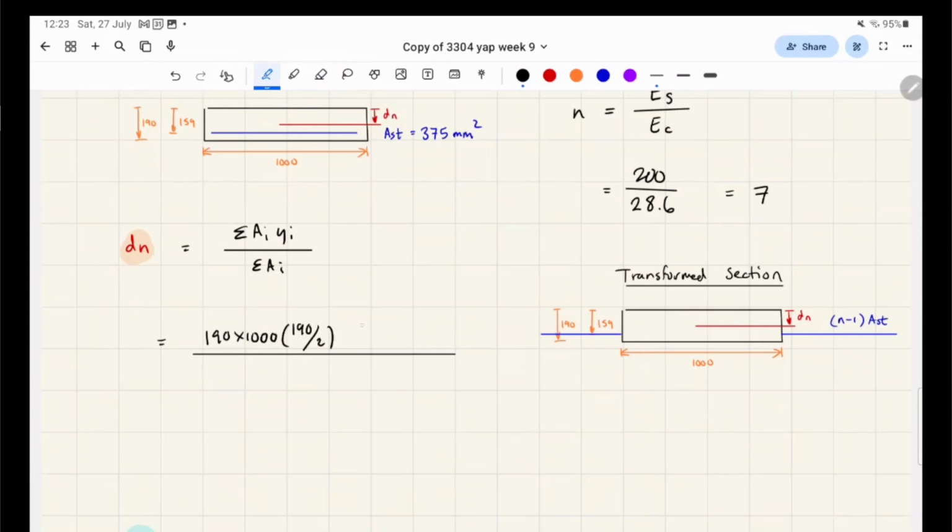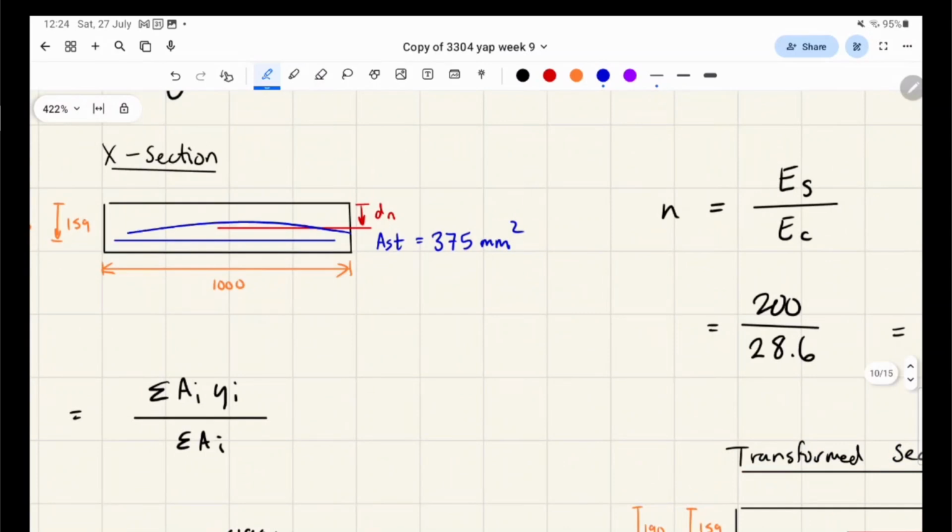Perfect. Next we have one more object here, the steel. We have the area given, 375. Here's the thing. When you do the transformed section method, we're transforming this steel into concrete.